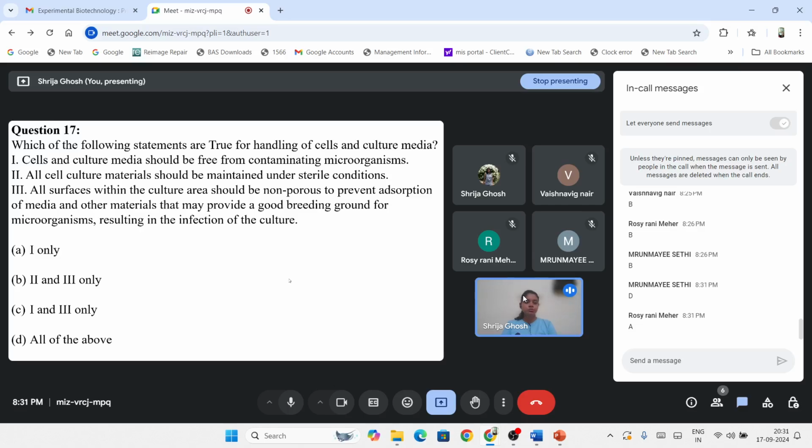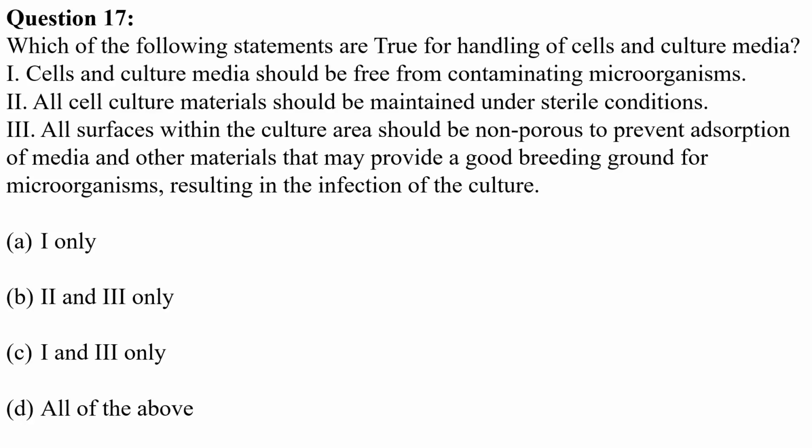Vaishnavik, do you also want to answer? Do you agree with Mrunmay or do you agree with Rosie? Yeah. So option D, you have also answered option D. So we have the majority for option D.